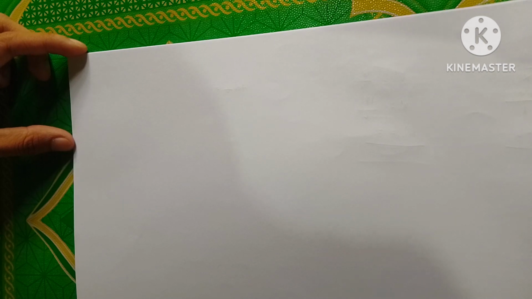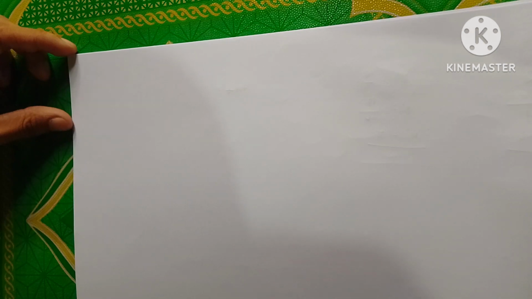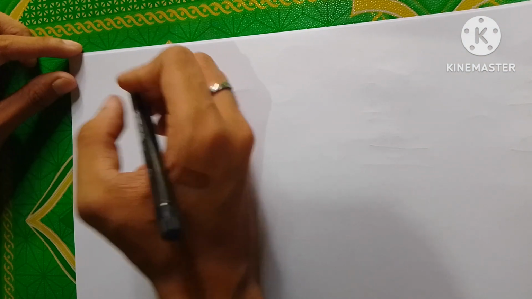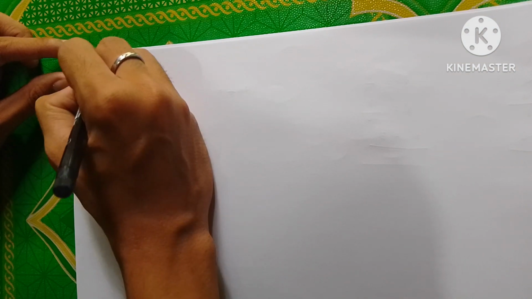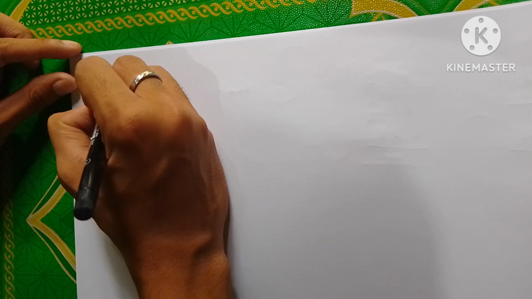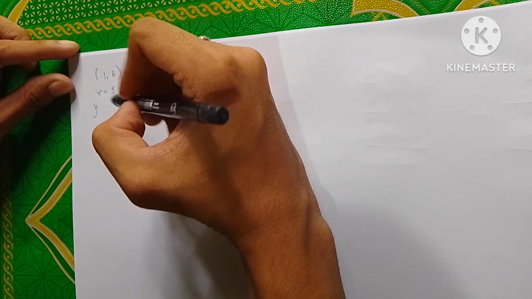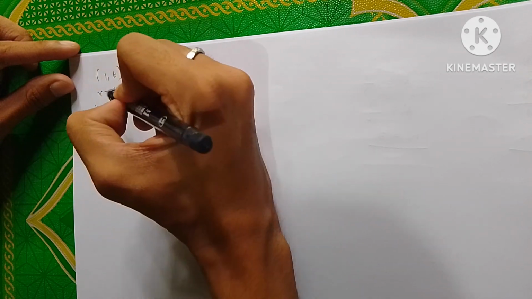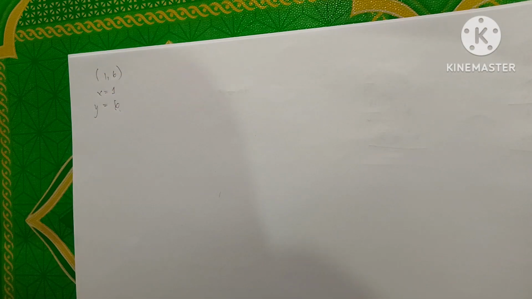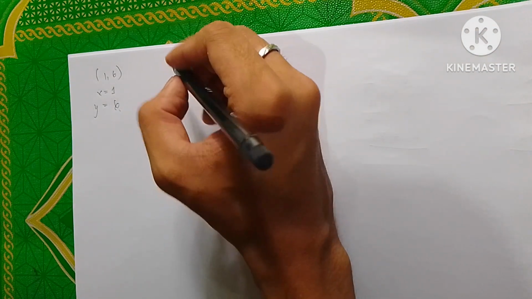Next, we will get the exact values of the slopes, m1 and m2. First, we will substitute x and y, which we already solved, into the first derivatives that we also already solved. Our coordinates are 1 and 6, which means x is equal to 1 and y is equal to 6.